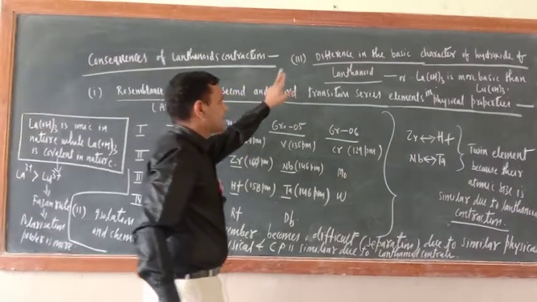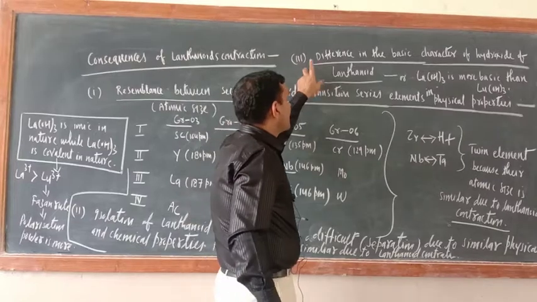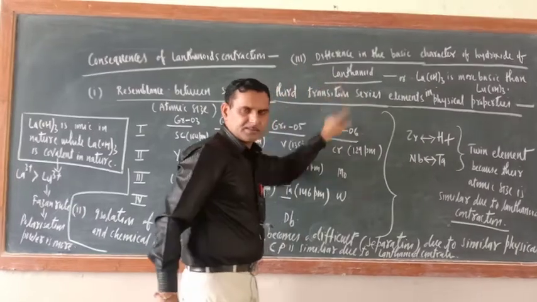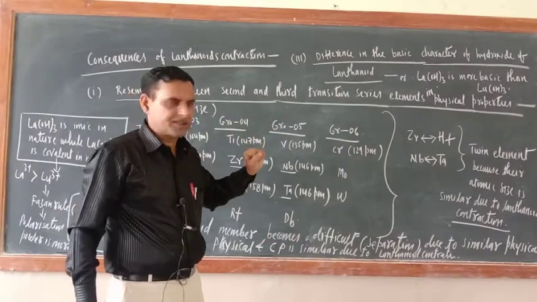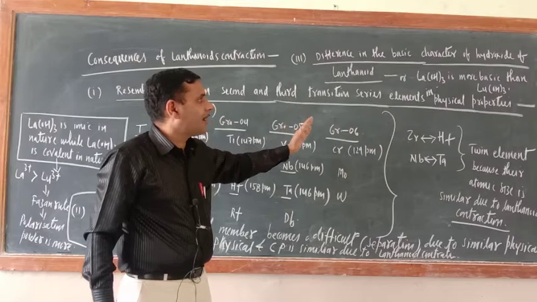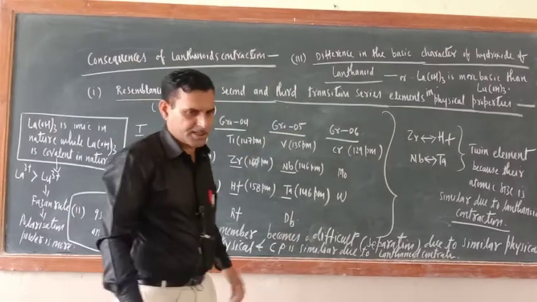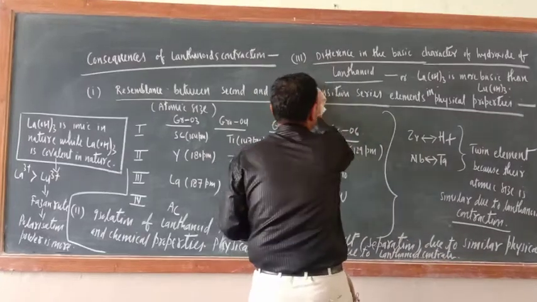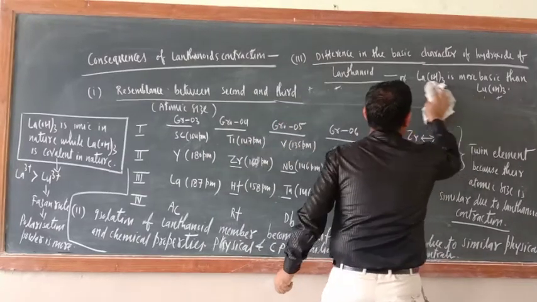What is the third consequence? Difference in the basic character of hydroxides of lanthanides. Because of lanthanide contraction, there is a difference in the basic character of hydroxides of lanthanides. Now I am deleting this side a little bit, because I have to explain here.